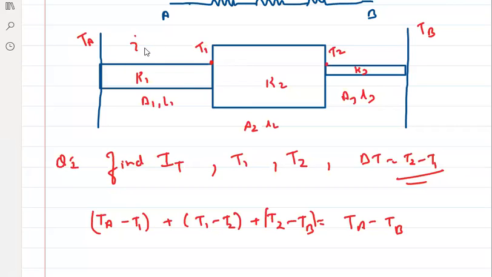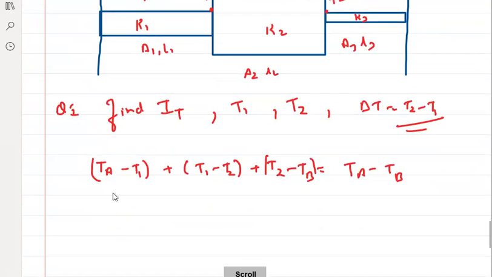the current is the same, IT only. So I can say that this change in temperature is basically IT into R1, plus this is IT into R2, plus this is IT into R3.